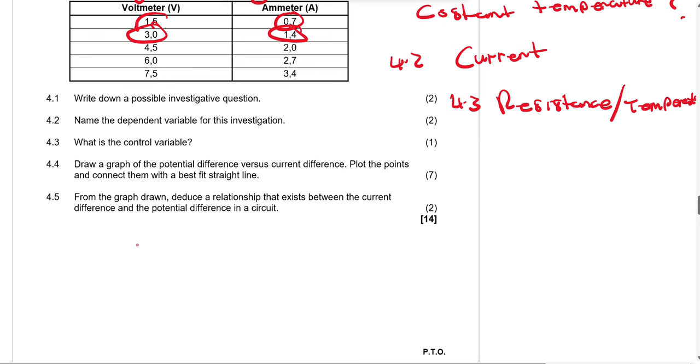And then they see from the graph, and they deduce the relationship that exists between the current and potential difference.